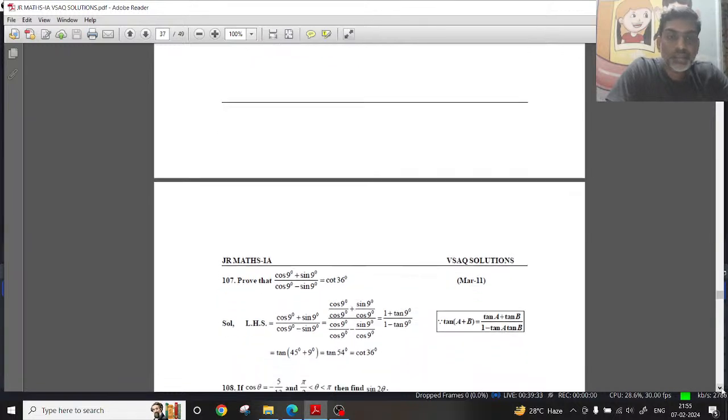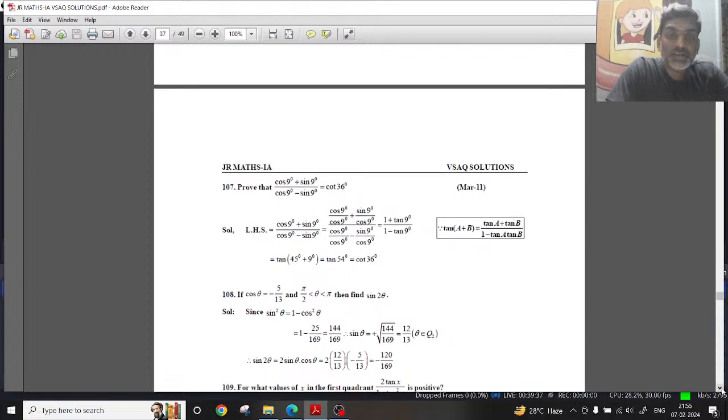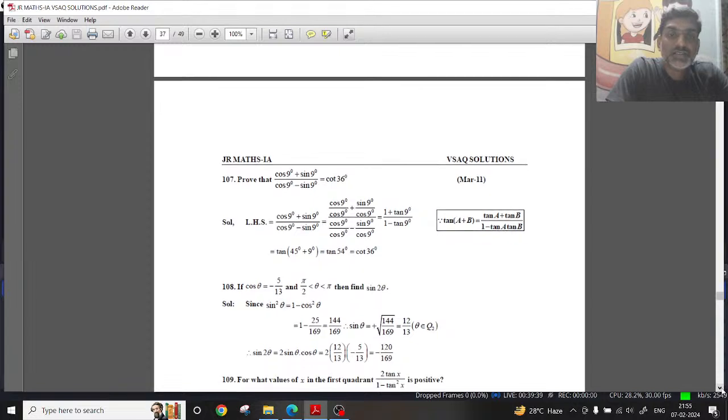Okay, and next 107, prove that cos 9 degrees plus sin 9 degrees divided by cos 9 degrees minus sin 9 degrees equals cot 36. So here the right side is cot, the left side we have only cos and sin, so convert everything in terms of either tan or cot.